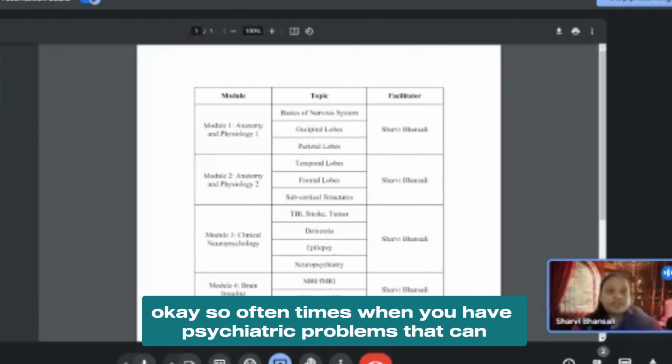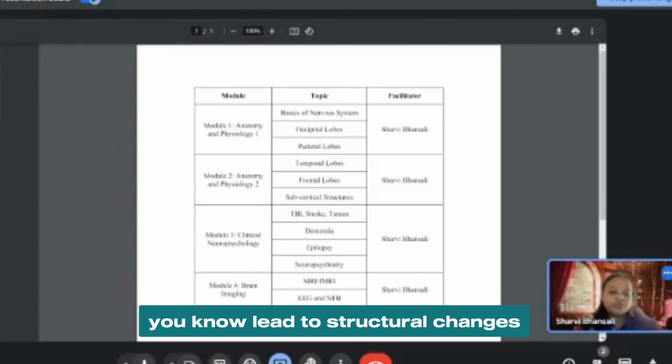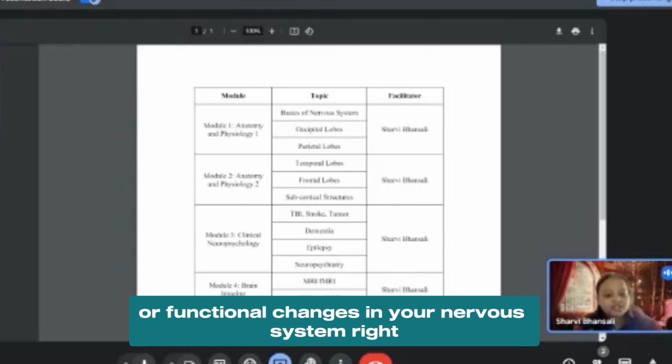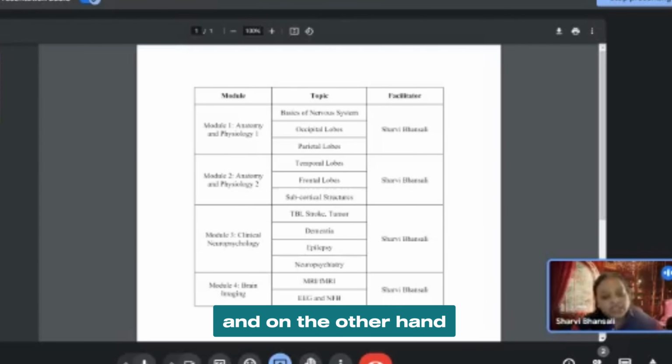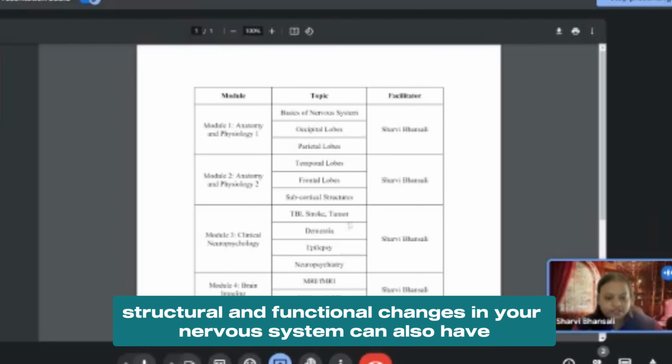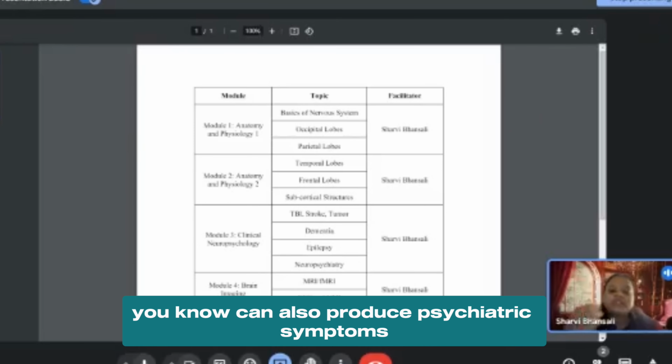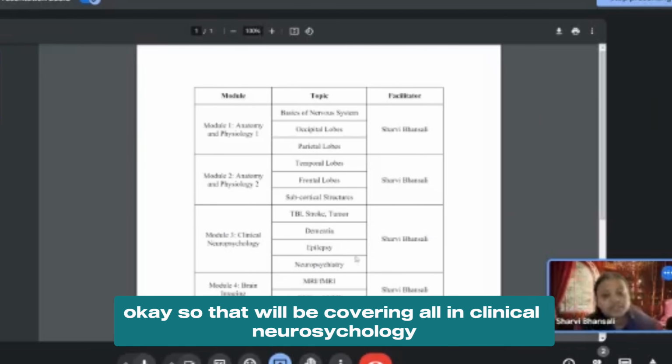Oftentimes when you have psychiatric problems, that can lead to structural changes or functional changes in your nervous system, right? And on the other hand, structural and functional changes in your nervous system can also produce psychiatry-like symptoms. So we'll be covering all that in clinical neuropsychology.